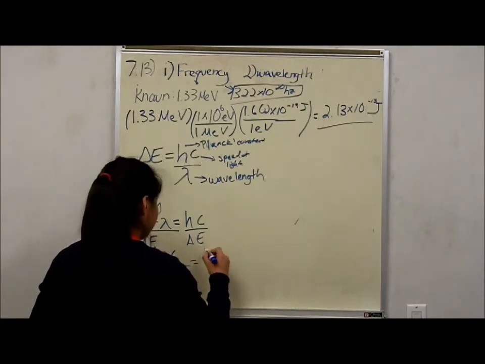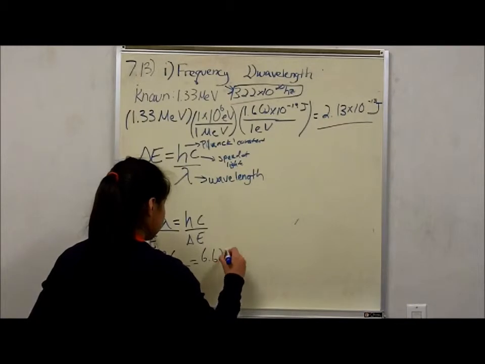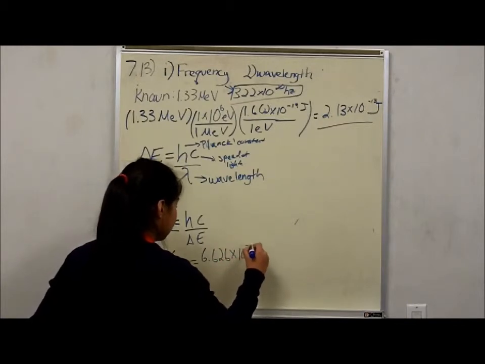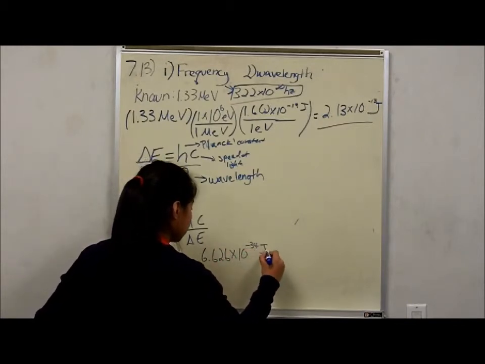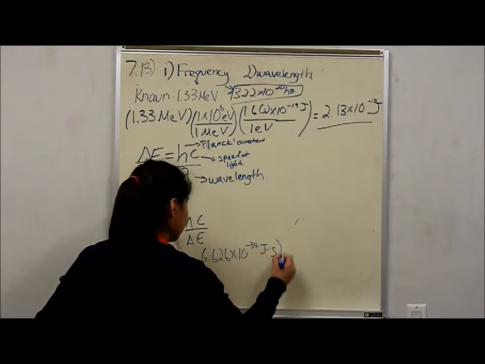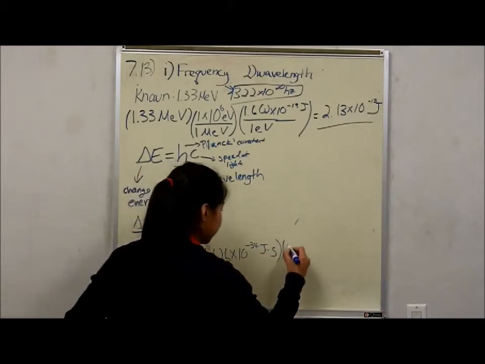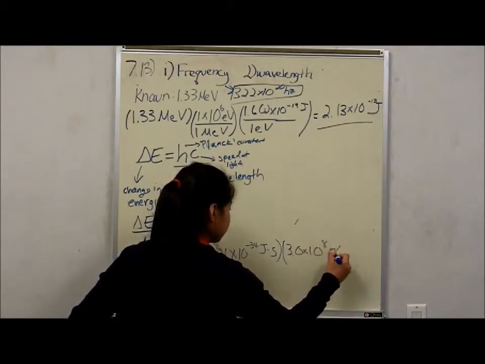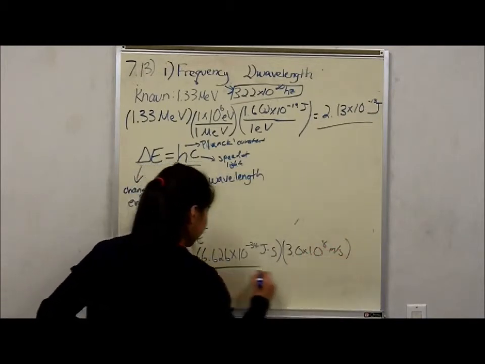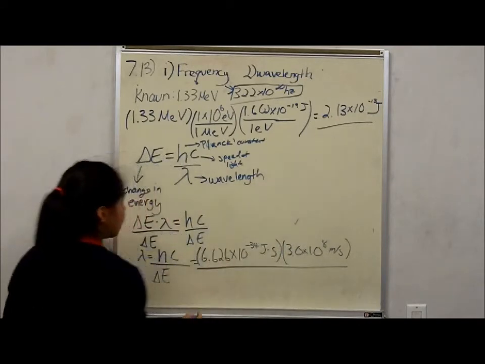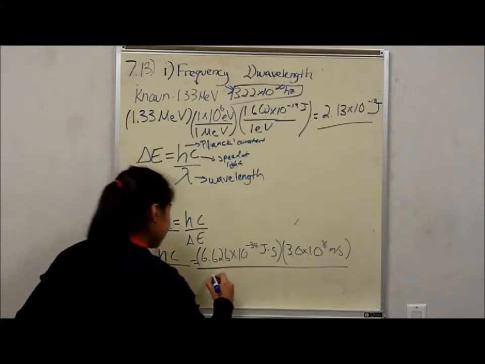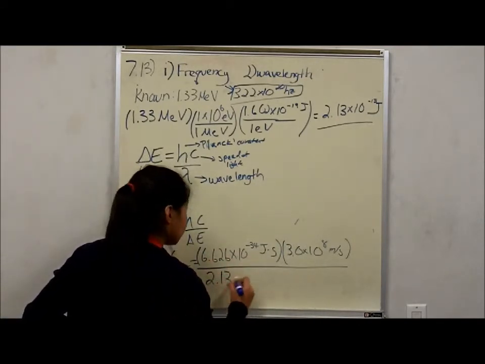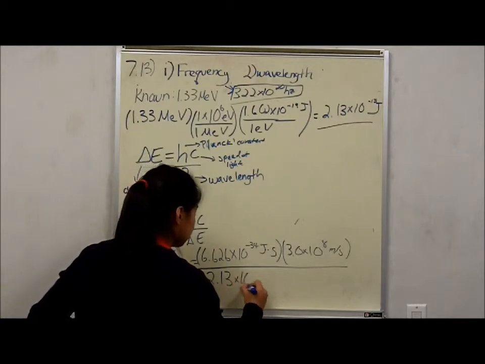You do Planck's constant, 6.626 multiplied by 10 to the negative 34 joule seconds, multiplied by the speed of light, which is 3.0 multiplied by 10 to the 8th meters per second, divided by the energy you found at the start, 2.13 multiplied by 10 to the negative 13 joules.